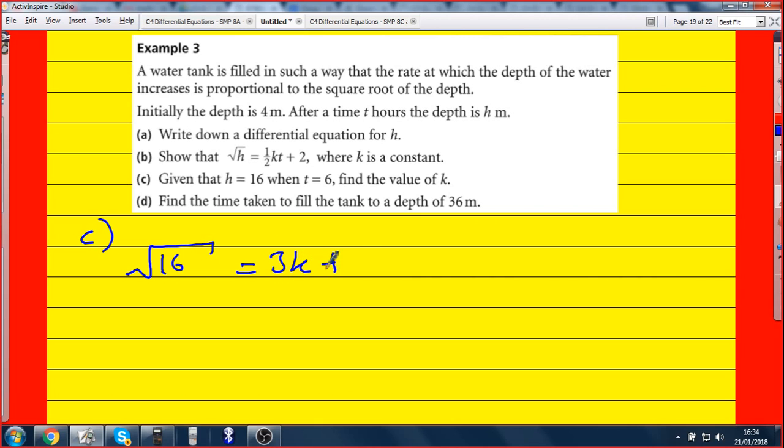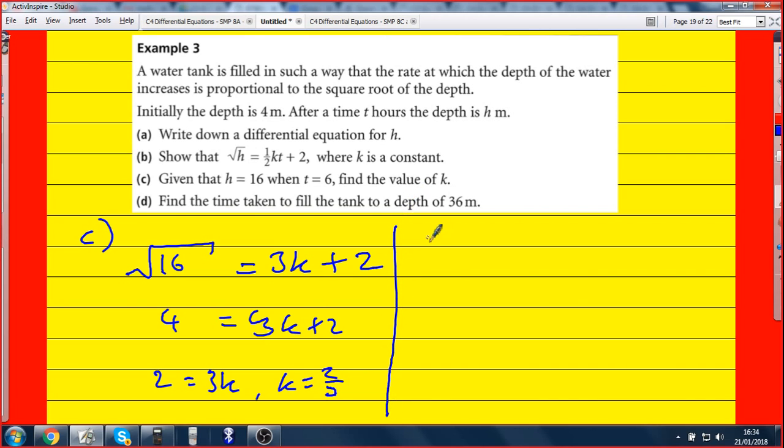Equal to 3k plus 2. Okay. 2 over 3. Okay. What would that be? 2/3 times a half.